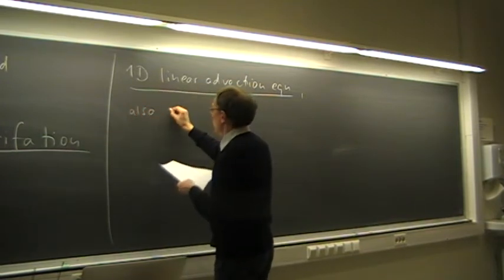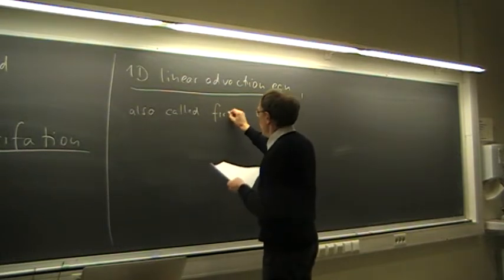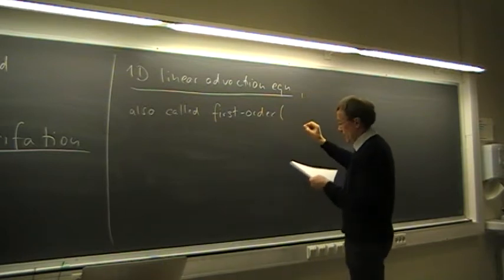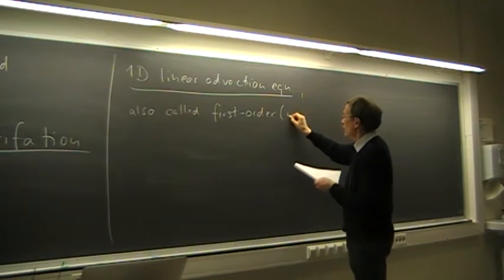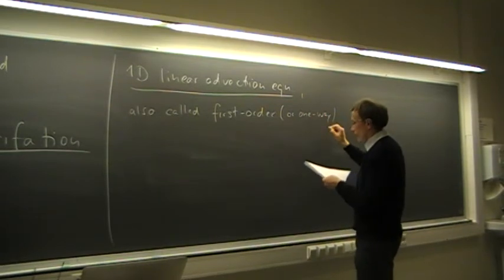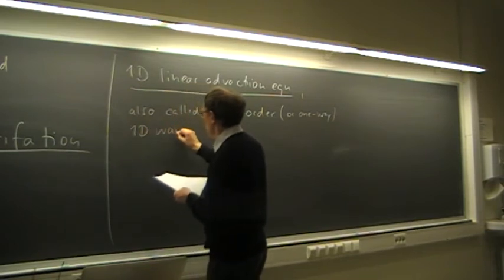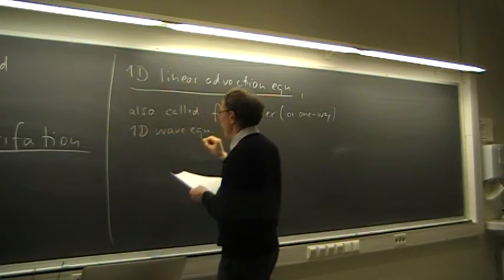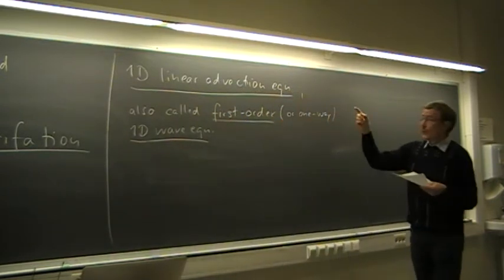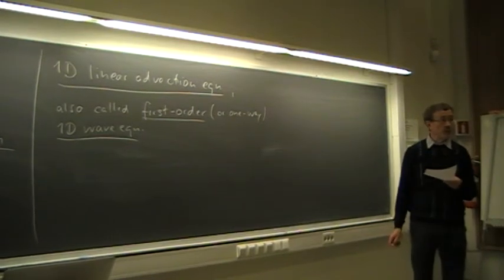So called first order, you find also in some books also called one way wave equation. So I prefer the linear advection equation in order not to confuse with the wave equation.